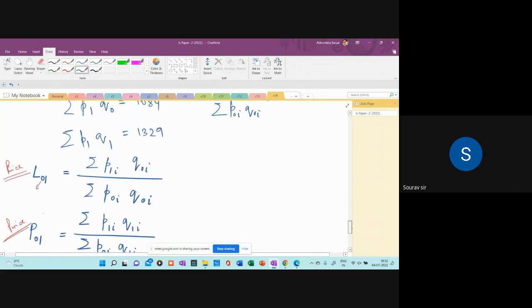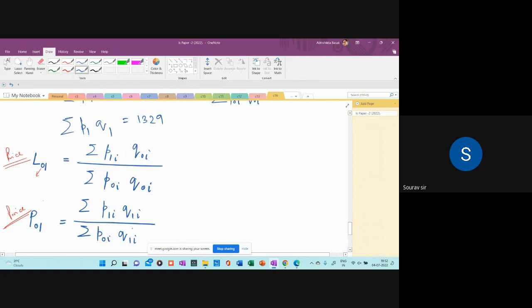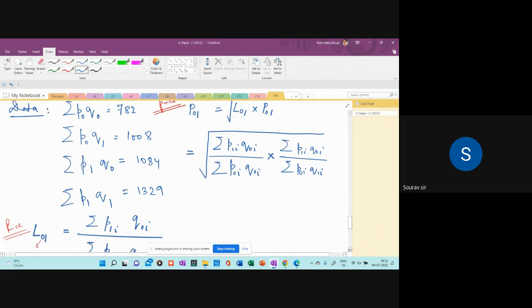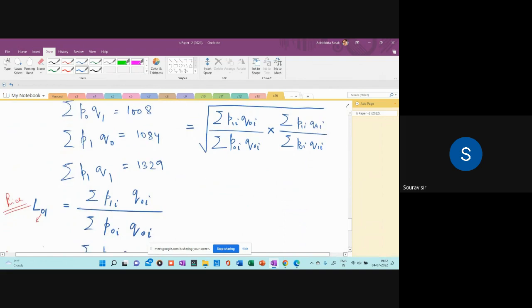P naught 1 for price is this formula, P1 Q1 by P naught Q1. Okay. So what mistake I was making was that I was changing the weight only. That is not the solution. They are asking for the quantity index in the next case. That is where I made the mistake. Okay, I will tell you later in detail.